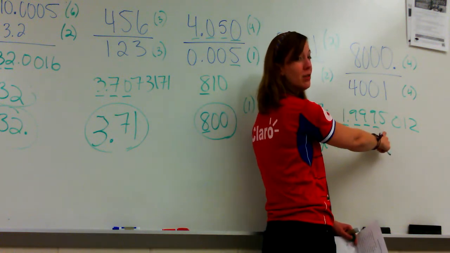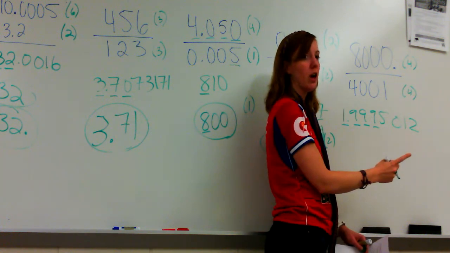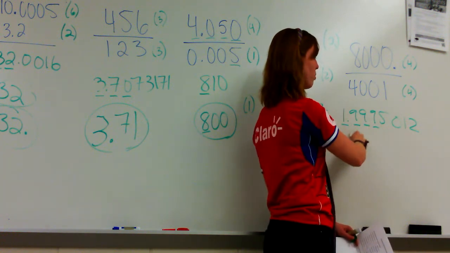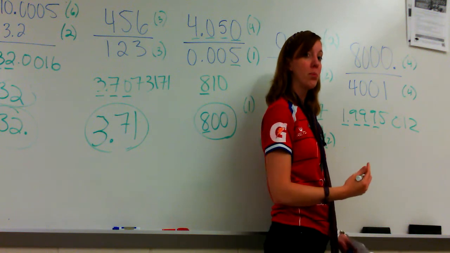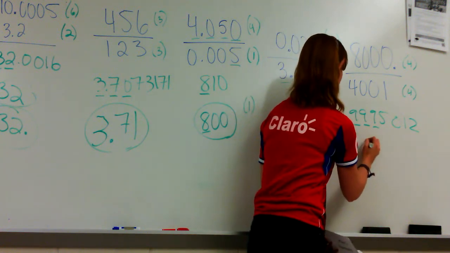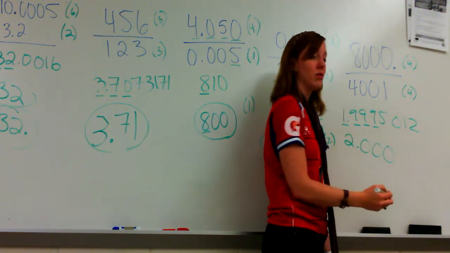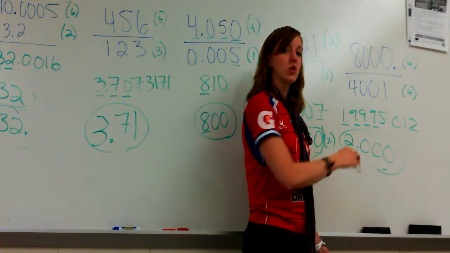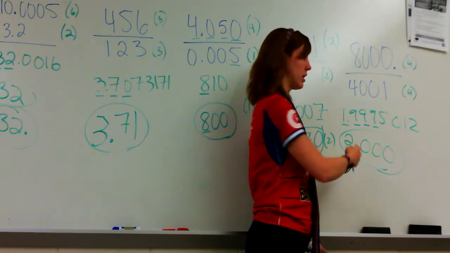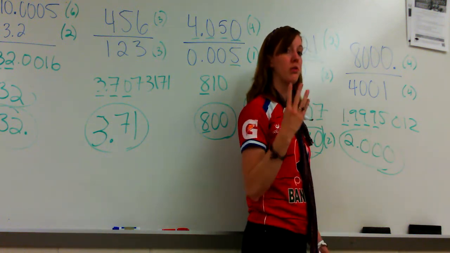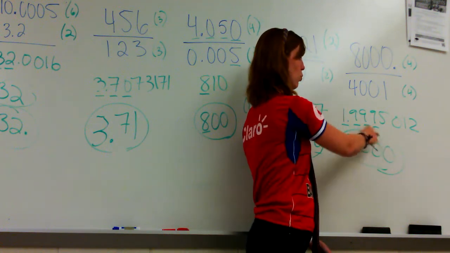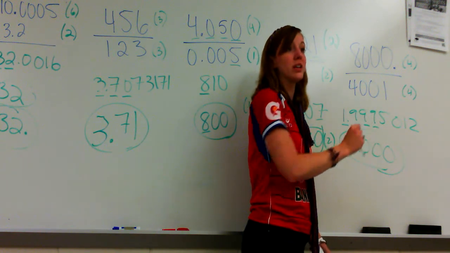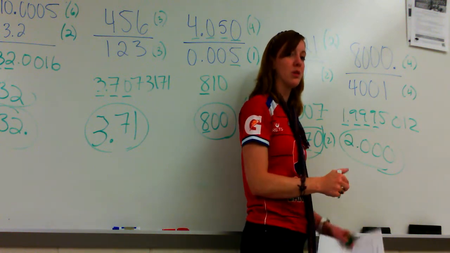But that 5 tells me I can round up. So how do I round 1.999 up? It's 2.000. I need to include those zeros to show that they are significant, that I did measure all the way to 4 digits. But 1.999 is right next to 2, so it's 2.000.